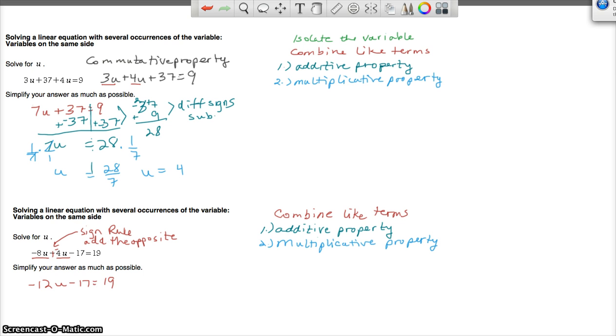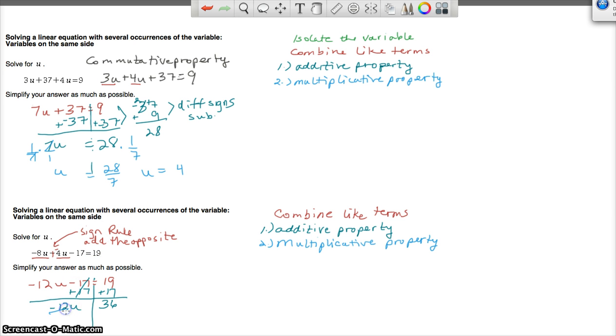Now from here, I can apply the additive inverse property. So I'm going to add 17 to both sides of my equation. And 19 plus 17 is going to give me 36 over here. And this is going to clear out, and this negative 12u will drop down. Now I can apply my multiplicative property, which is multiplying by the flip.